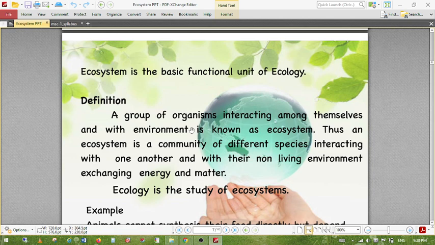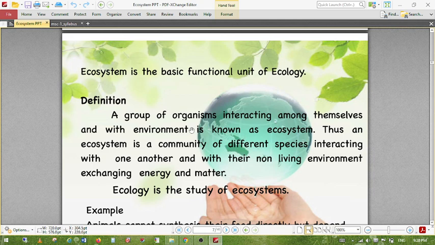The third category is called decomposers, and all microorganisms belong to the decomposer category, because after the death of certain animals or plants, they are again degraded into their pure nutrient form by the decomposers. Without the decomposers, the ecosystem cannot be completed or the cyclic process cannot be completed.